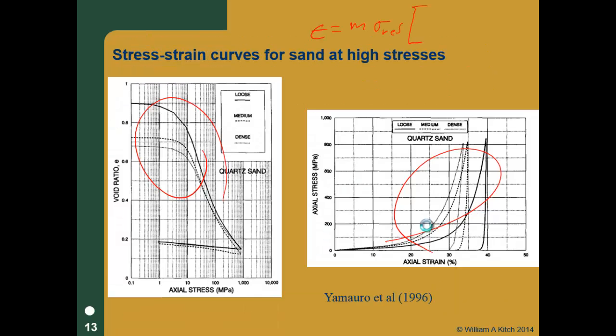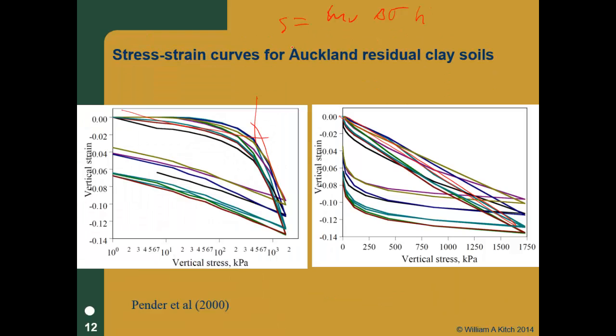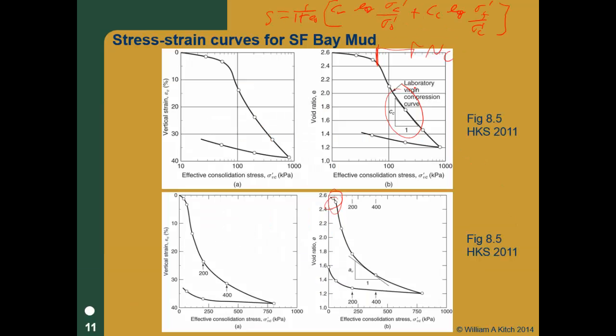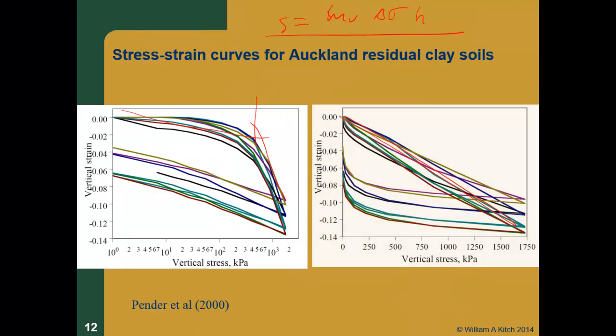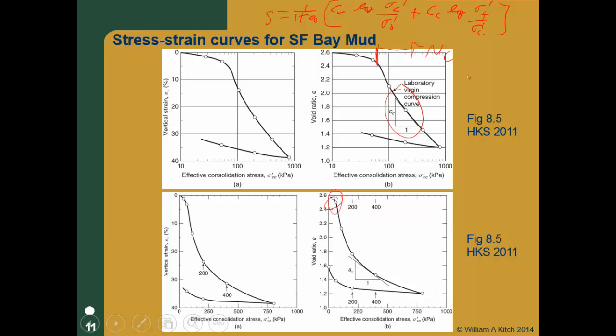If it's a linear material, I'm just going to use this. And if it's a normally consolidated clay, I'll go back and just use this part of the curve. Does that make sense now?